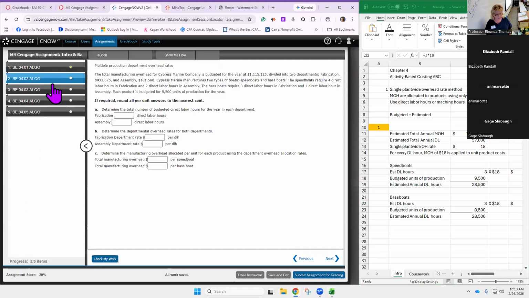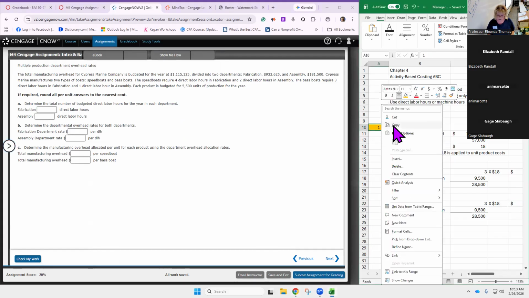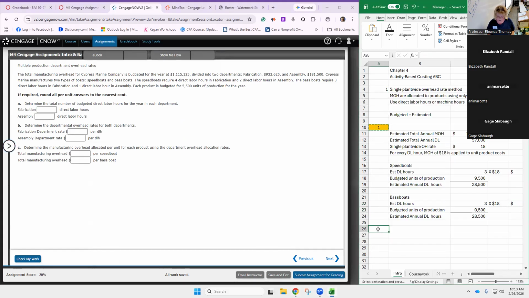Okay, good. Now we're going to work with multiple production department overhead rates. Okay, so let's see what we can do with this. We might have to go look at it in the book for just a second. Once again, let me define this, because I gave you the definition of the single plant-wide rate up here.